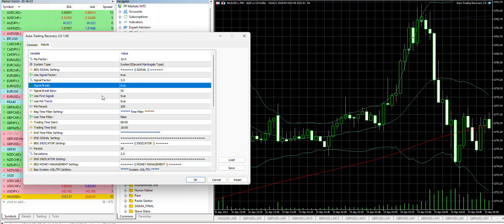This filter is used on the signal candle. It must close above the last 50 bars' body candles, not high and low. It's body candles. So here it's closed below the high of this body. That's not 50 bars, that's about 15 bars. So this one will be filtered. It will not enter this one.